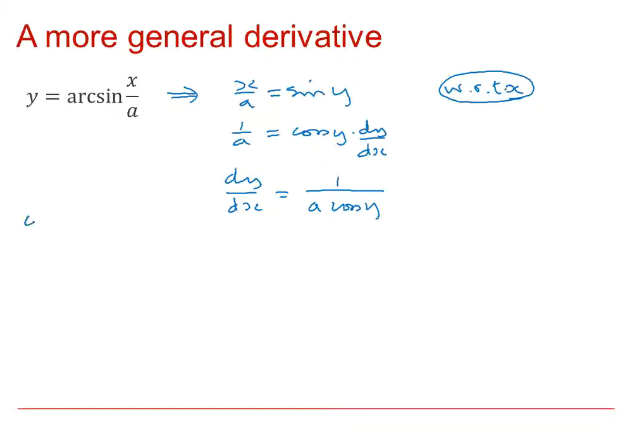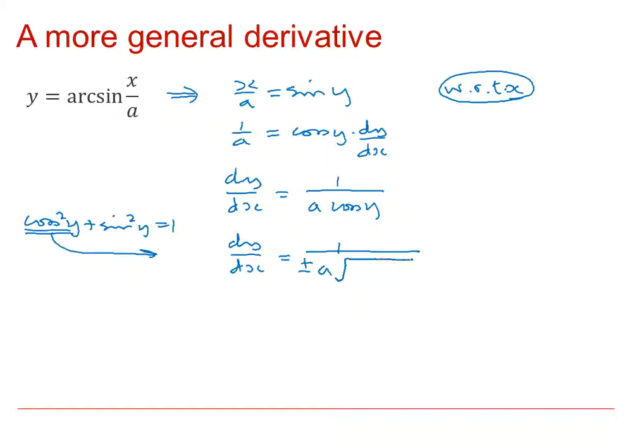Again, we're going to use cos squared y plus sine squared y is 1. Rearrange for cos y, it's the cos y I'm going to use, to get dy by dx is 1 over, and there are potentially two square roots, a square root of cos y, cos y is the square root of 1 minus sine squared y.